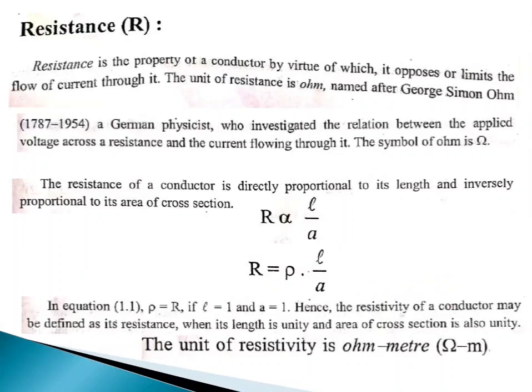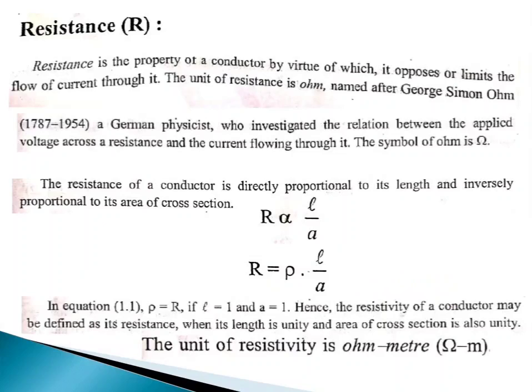Now let us talk about resistance. In general, resistance is a property of a conductor through which current flows. It opposes, or always limits, the flow of current through it.